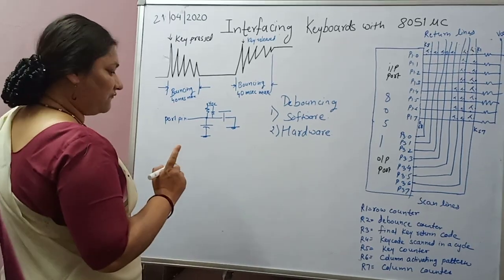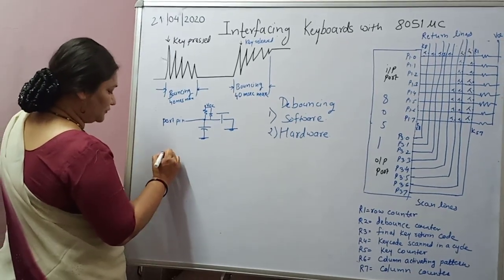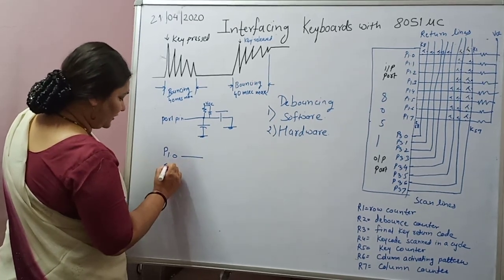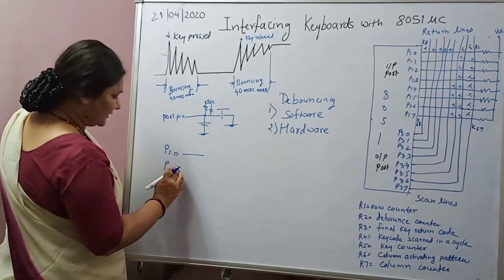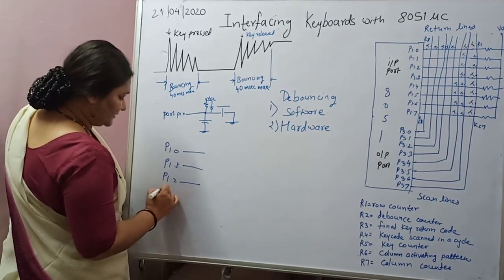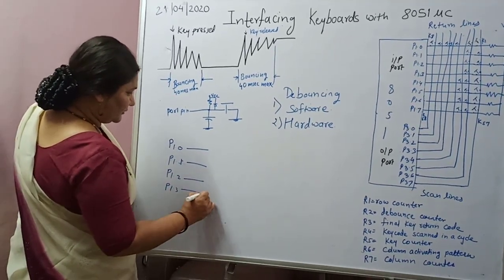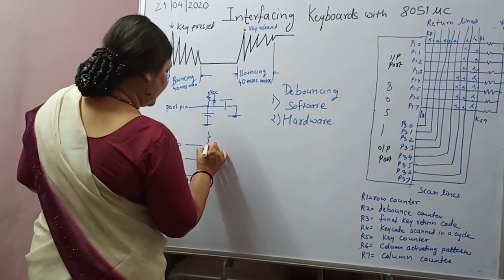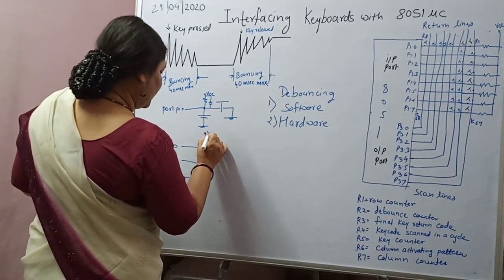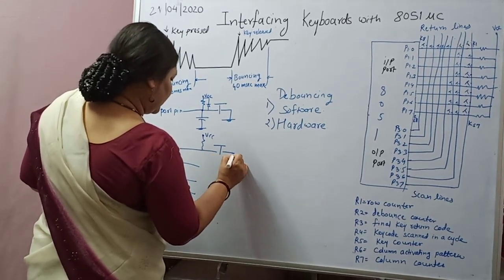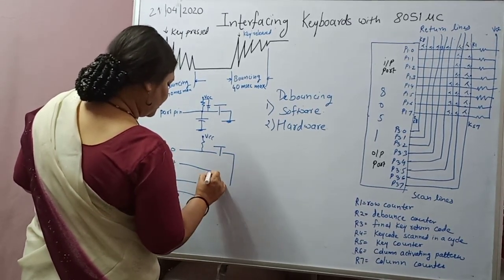If you have 4 keys, you can use 4 different port pins. Let's say you are taking port 1 for this. Here also you will put a resistance for the pull up, connected to VCC, and then your key will come over here and you will connect it to ground.